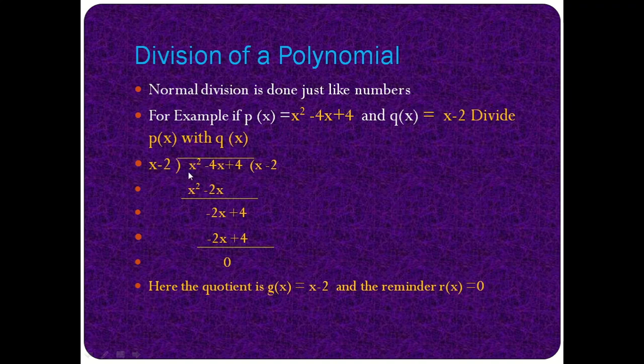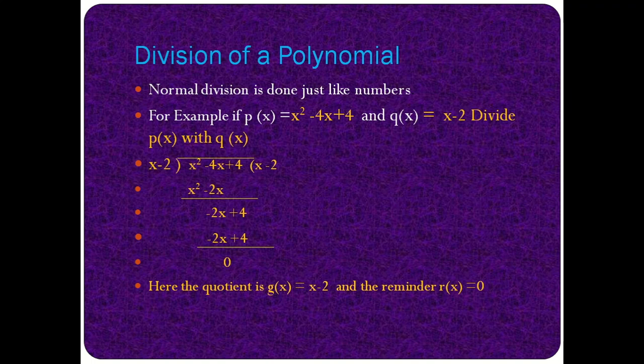So you write x square minus 4x plus 4 inside, just like normal division, and the qx, x minus 2, outside. The method is that you take the first term here, x square, and the first term of the divisor is x.